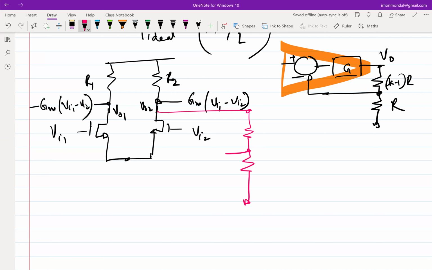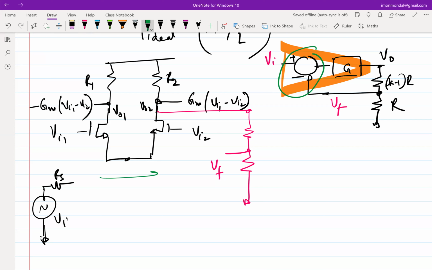So let me call this feedback VF. And let's say this is VI. So now two things need to be done. We have an input, which I have not shown here explicitly. And this summer over here has two input terminals.